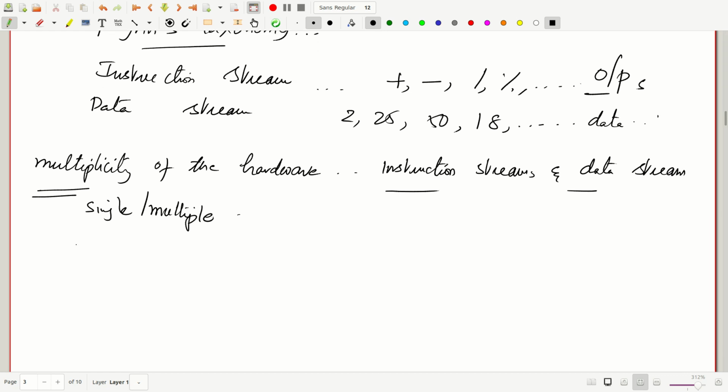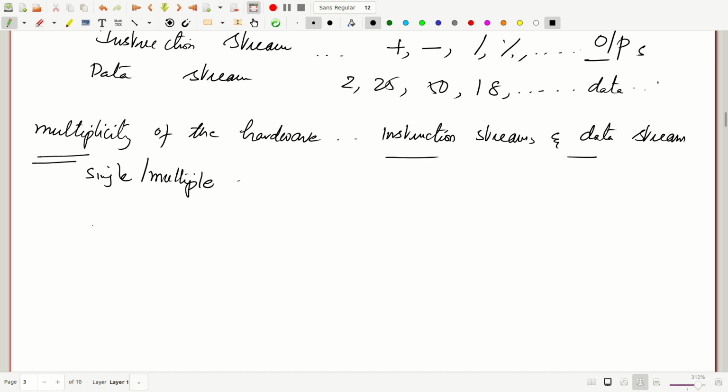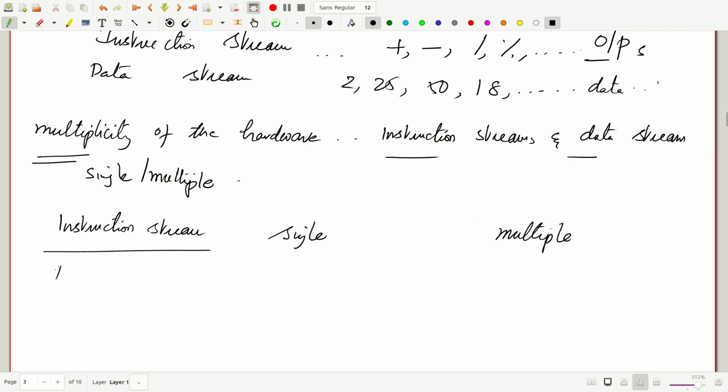That means if I write instruction stream, you can have a single instruction stream or a multiple instruction stream, on the x-axis, and on the y-axis we have the data stream.